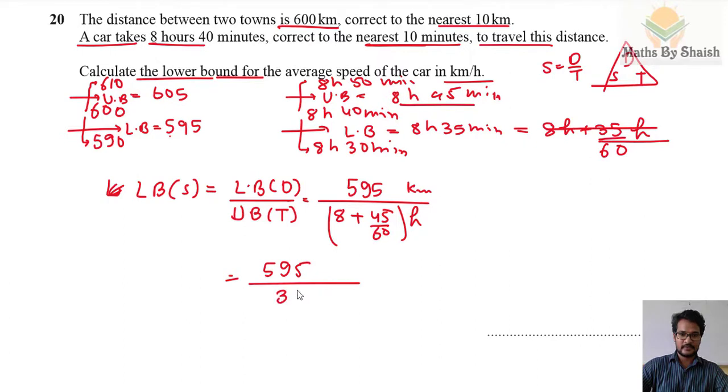So 35 comes here and 4 goes up, and the total value is 595 divided by this, so it is 68. So the answer is 68 kilometers per hour. It is the lower bound of the average speed of the car in kilometers per hour.